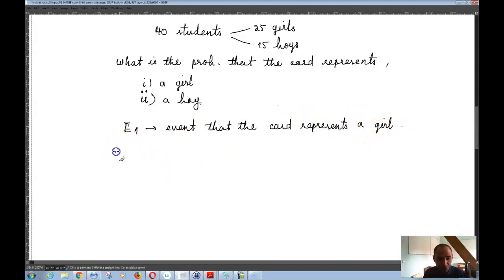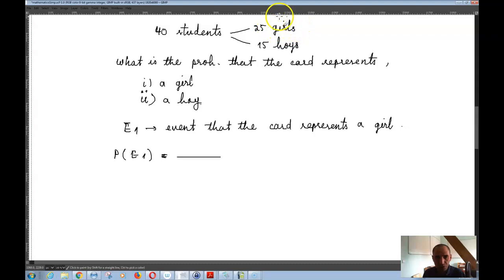Now the probability of E1 is going to be all the outcomes of the experiment that are favorable to E1. We know that we have 25 girls here. If any one of them is picked, it's going to be favorable to this event, because this event simply says that the card must represent a girl. It doesn't matter which one of the girls.